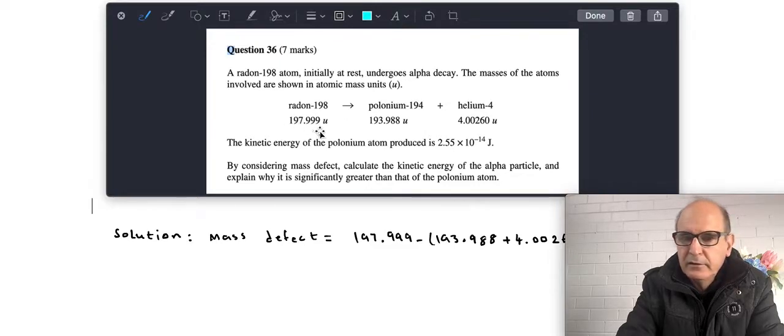These are the masses of each particle. For radon, we have a mass of 197.999 atomic mass units, for polonium 193.988, and for helium 4.00260.